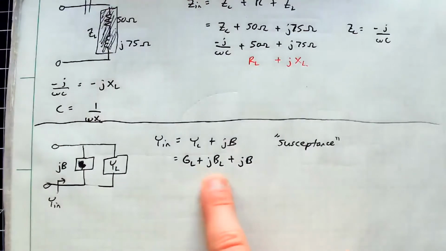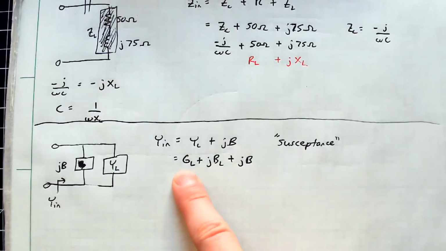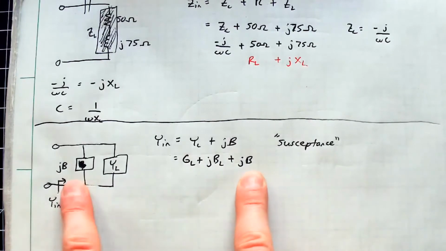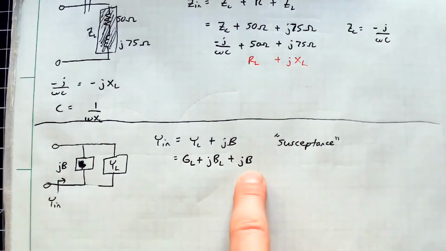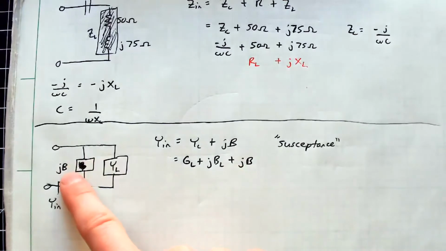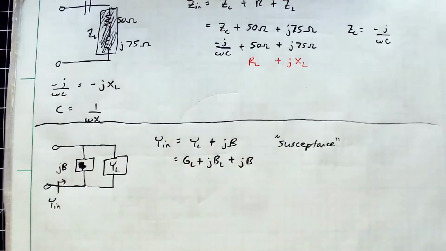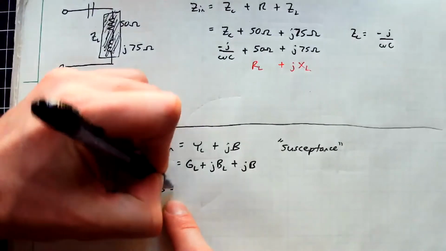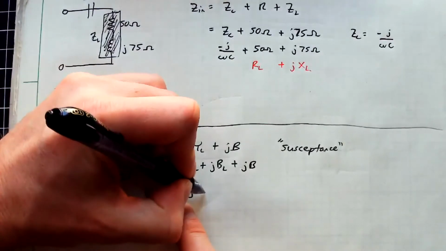There we go. So this is the load here, the load conductance, load susceptance, and then this is the susceptance of this little parallel guy that I'm going to add. This is why impedance and admittance are going to follow the same rules in a sense: whatever I'm doing in parallel, we have this same rule applying here. So what I want is for my JB to equal negative JBL.